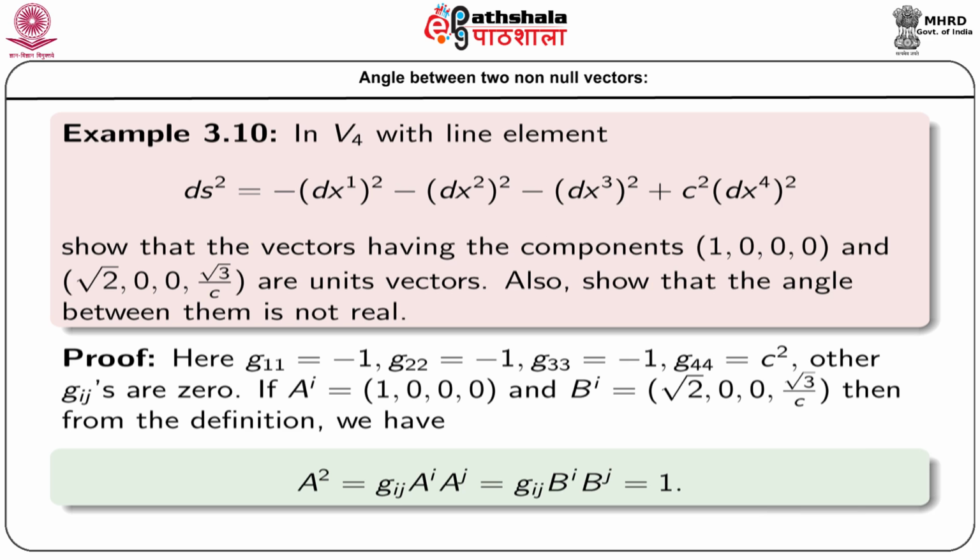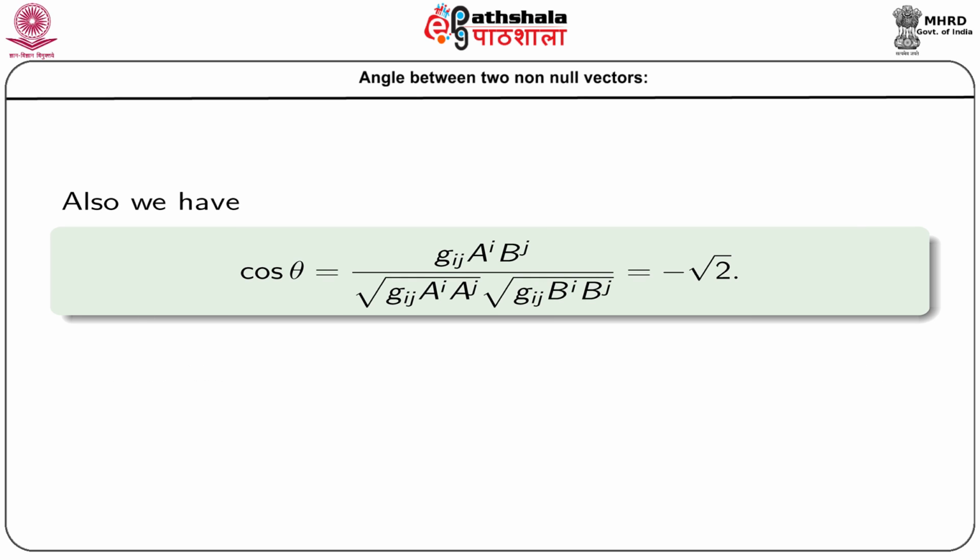Then from the definition, as A^i and B^i are unit vectors, a squared equals 1. If we calculate the value of cos theta, as the denominator expression is 1, we can find the value of g_{ij} A^i B^j, and it comes to minus root 2.